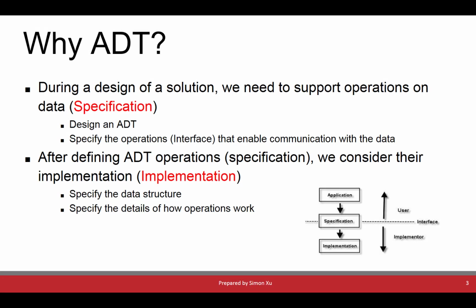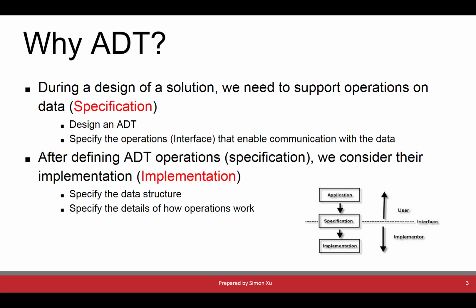Now we know what abstract data type is, and since this course is all about building abstract data types, let's talk about how to create an abstract data type. It's divided into two steps.